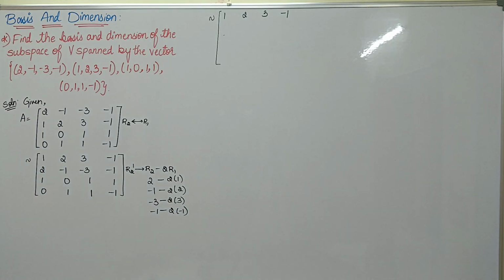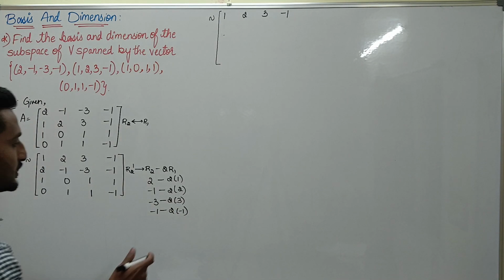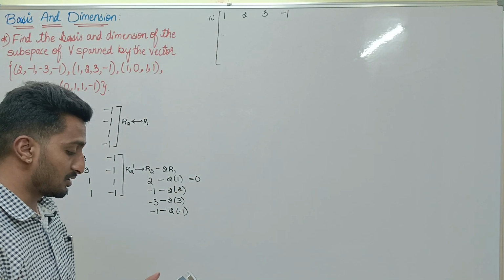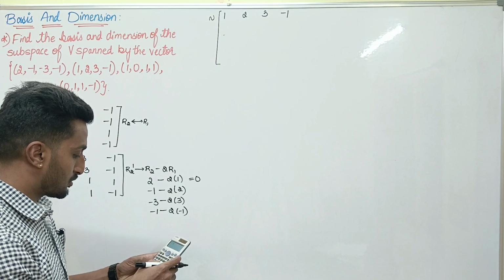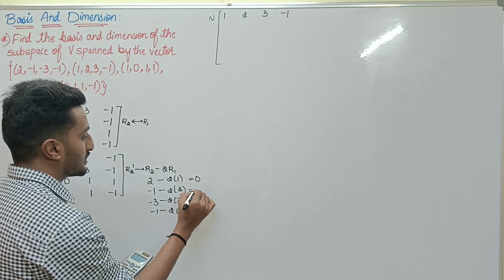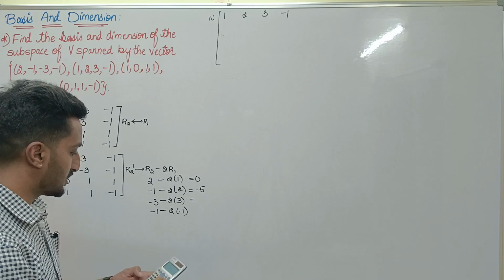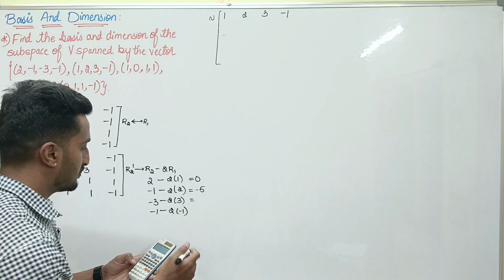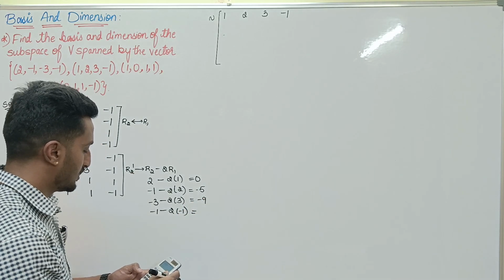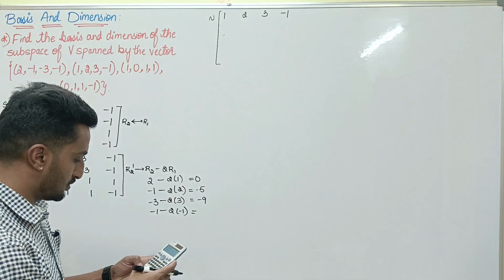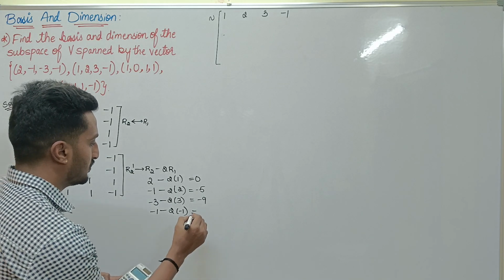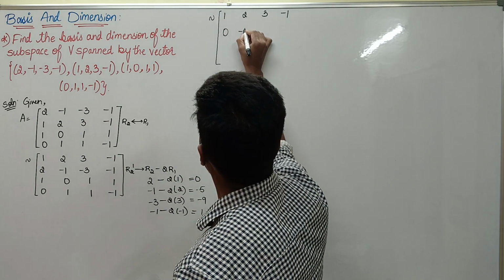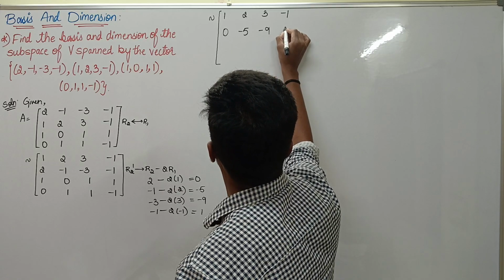Now just use the calculator to simplify. 2 minus 2 you get 0. Always use the calculator for the exact and perfect solution. Minus 1, minus 2 into 2, which is equal to minus 5. Next, minus 3, minus 2 into 3, which we have minus 9. Last, minus 1, minus 2 into minus 1, we have 1. So we get 0, minus 5, minus 9, 1.